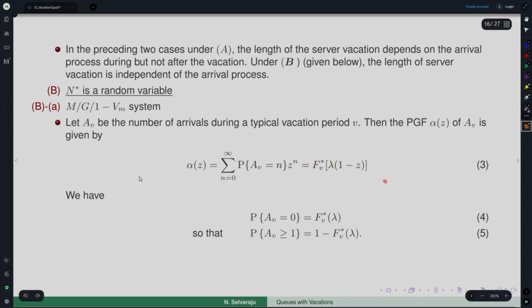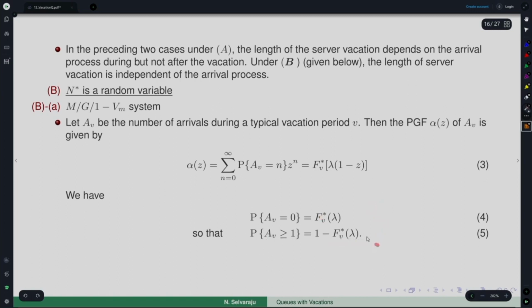So, this is the PGF of this particular random variable. From this, you can now write the probability of AV equal to 0, meaning there are 0 customers during the vacation period, as this quantity with Z equal to 0. That is what you will get as FV star of lambda, and AV greater than or equal to 1 is 1 minus this.